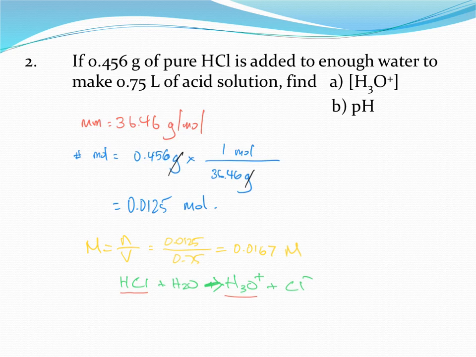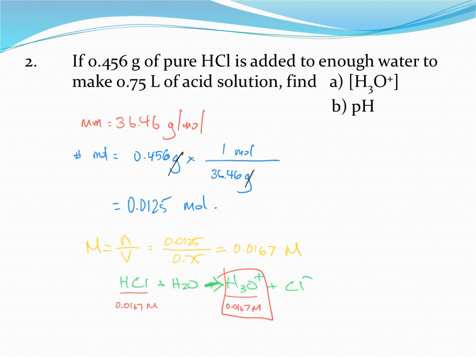That's important because it tells us that if we have a concentration of 0.0167 molarity here, we're also going to have the same thing here for the hydronium ion. So this therefore answers part A.